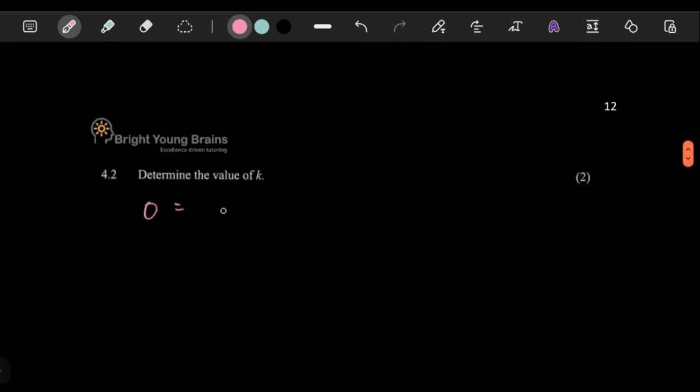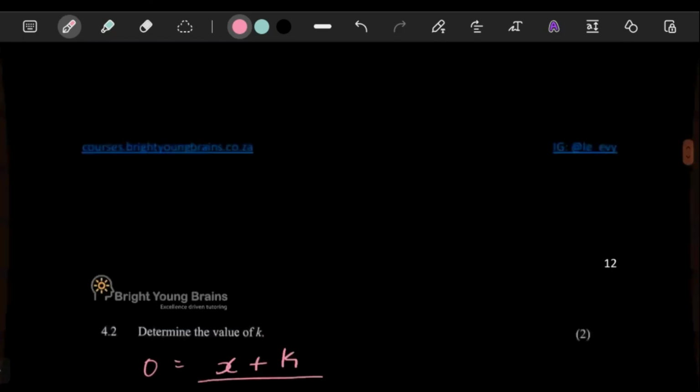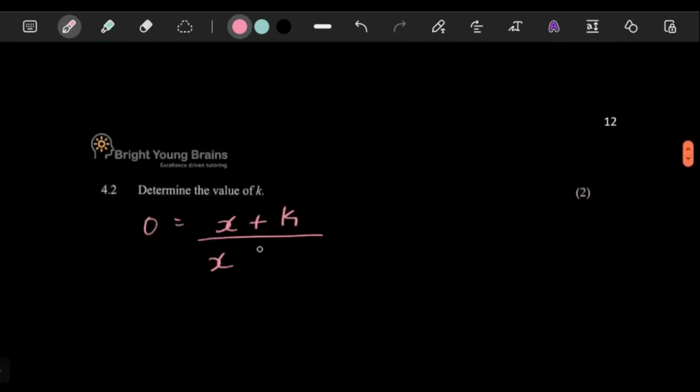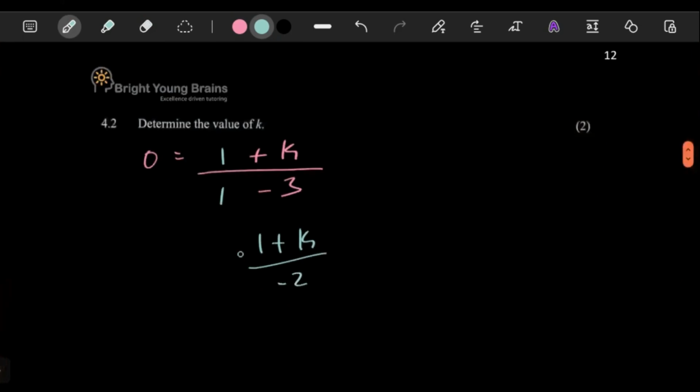What is k now? That's what we're looking for. And then the other one here is p, which we got to be minus 3. So x is a 1, so put a 1 and a 1 there. So this is going to be 1 plus k, and 1 minus 3 is minus 2, equal to 0.